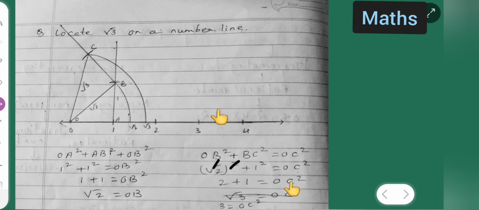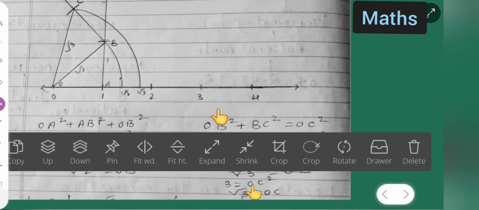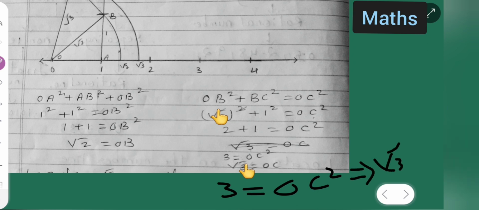Now 2 plus 1 is nothing but 3, is equal to OC square. This implies that root 3 is equal to OC.